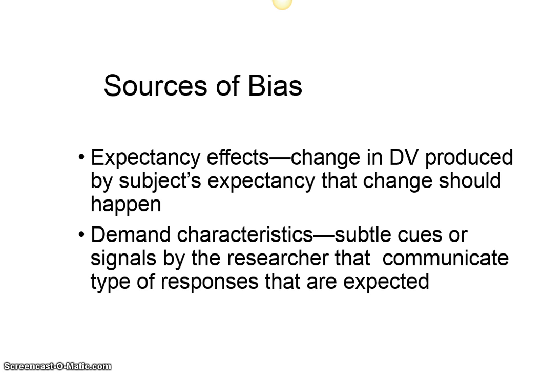For example, in that study I just talked about with the new depression drug, if the subject knows that they are receiving the drug and not a placebo, or sugar pill, they may expect that drug to work. And the change in their depression, which would be the dependent variable, is not necessarily produced by the drug, but it might be produced by the expectation that the drug is going to work.